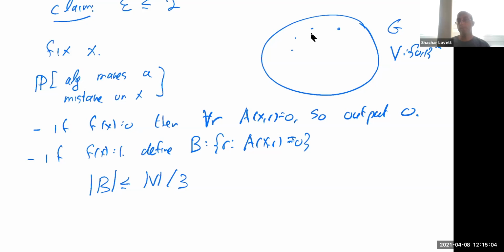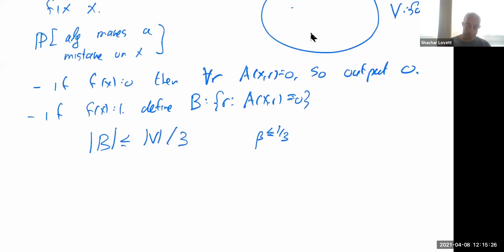Why? Because we're assuming this algorithm makes a mistake with probability at most a third. I don't know what B is, it depends on x, but I know it's small. So the beta we saw before is at most a third. It's the density of B.